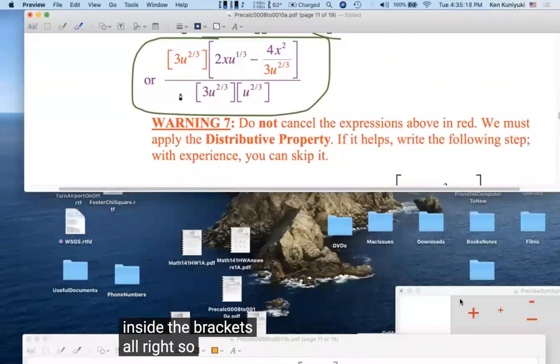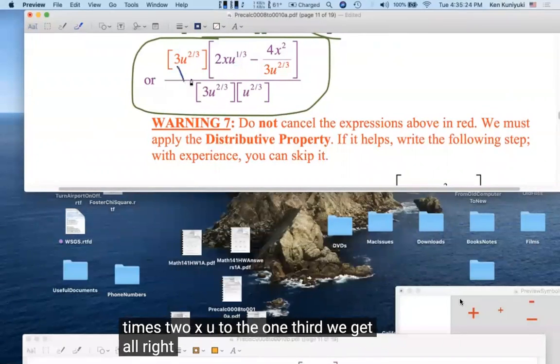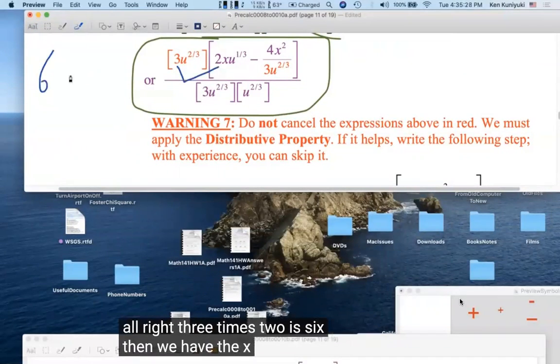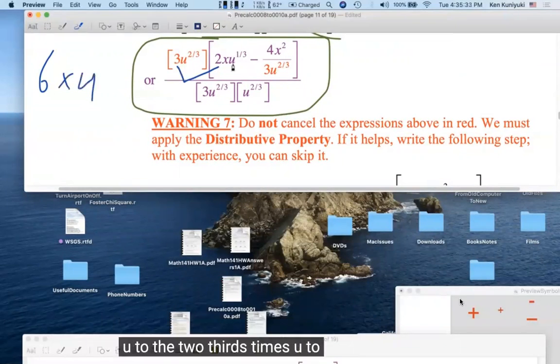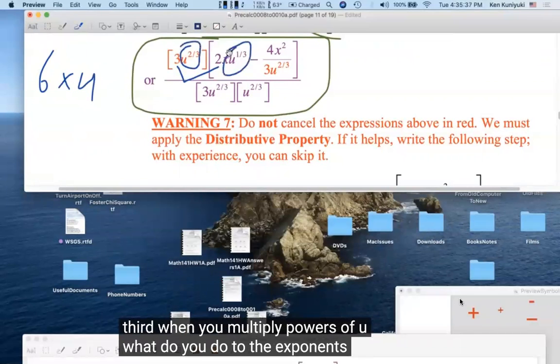All right, so 3u to the 2/3 times 2xu to the 1/3, we get 3 times 2 is 6. Then we have the x, u to the 2/3 times u to the 1/3. When you multiply powers of u, what do you do to the exponents? You add them.